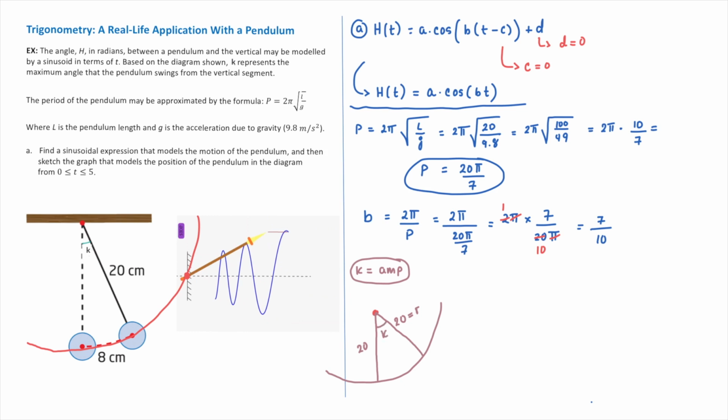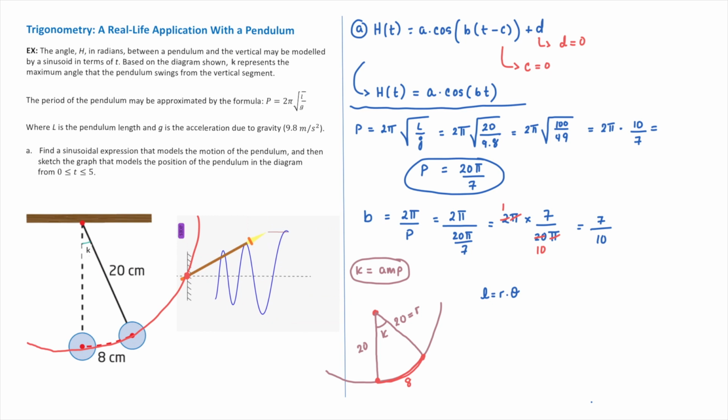And then something else that they nicely gave us was the length of the arc, lowercase l, the arc length. So they gave us this length over here that I'm tracing in red. This is precisely 8 centimeters. So now I know that l, if you remember, is equal to r times theta.